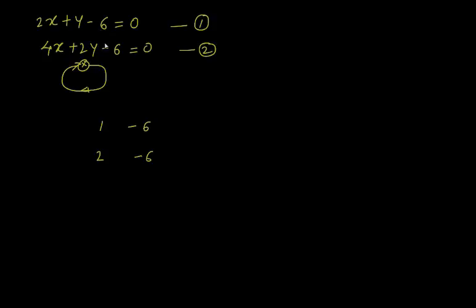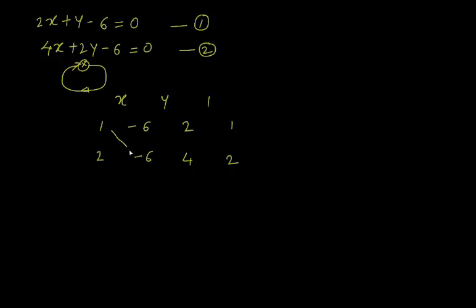Then the next term is x. The coefficients are 2 and 4. And again ending at y. Y has coefficients 1 and 2 in both equations. Now this is the x pair, this is the y pair, and this is the constant pair.